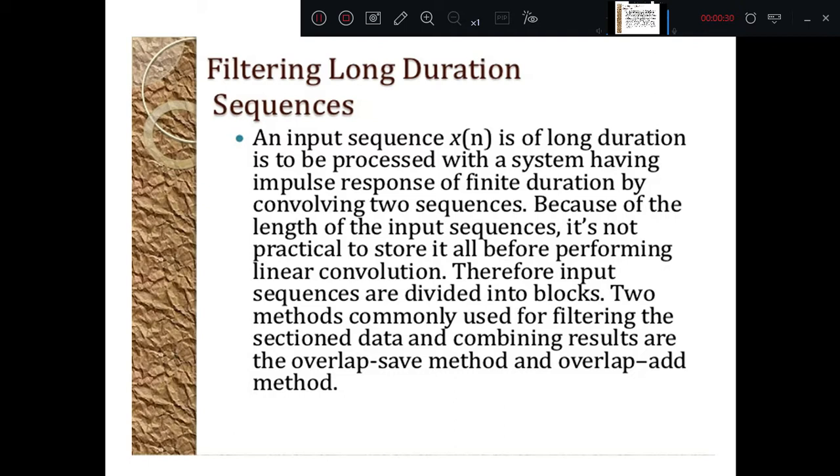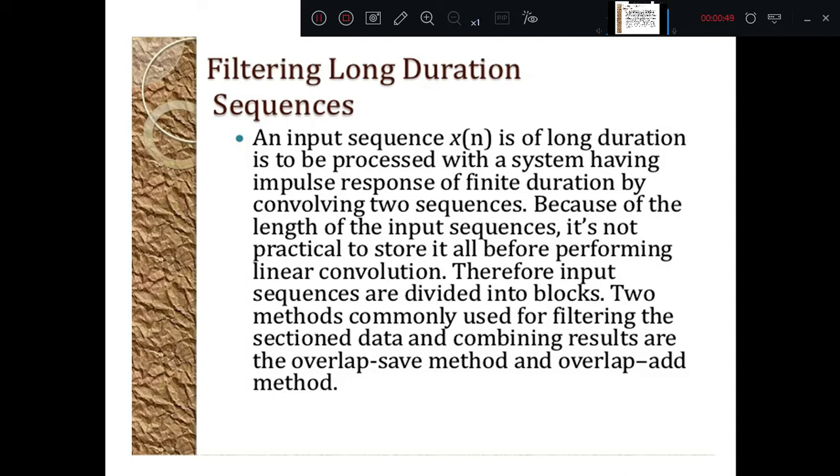So in this class we have to understand filtering of long data sequence or long duration sequence. Here we need to understand what we mean by the filtering of long duration sequence, right?